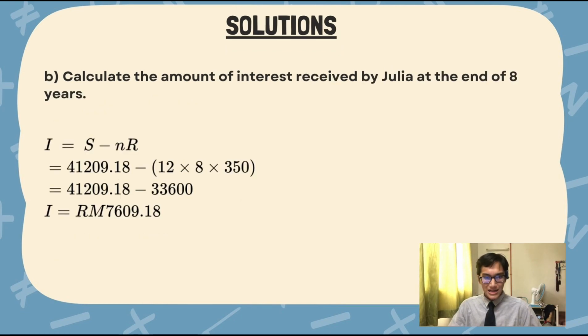Next, calculate the amount of interest received by Julia at the end of 8 years. For this question, we have to use the interest formula, which is I equals S minus nR. We have all the information that we needed to calculate this.